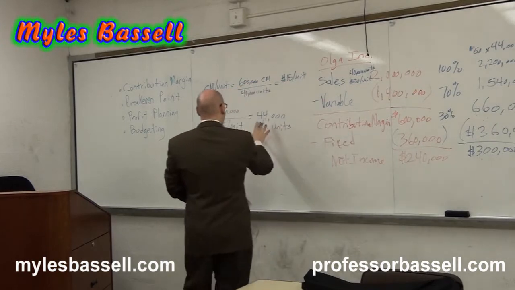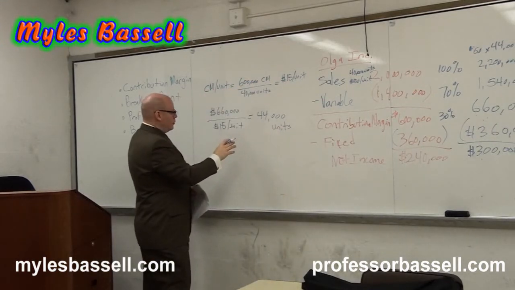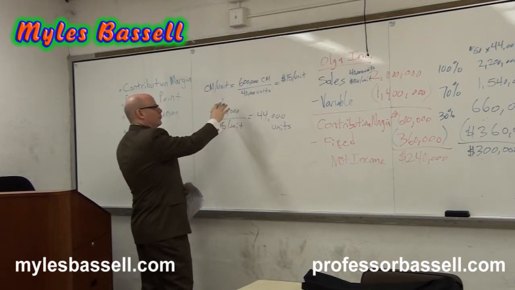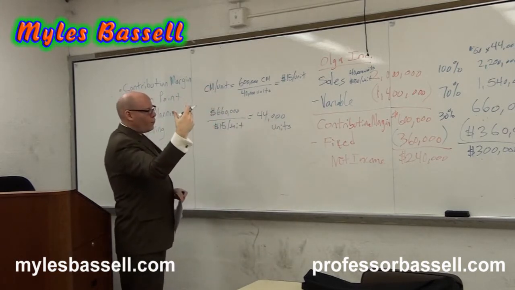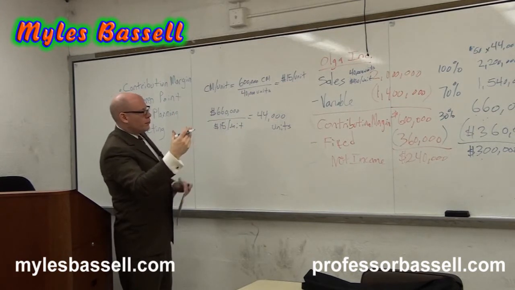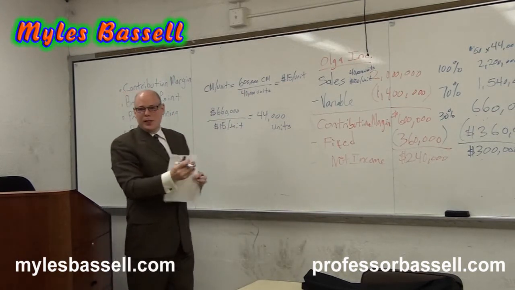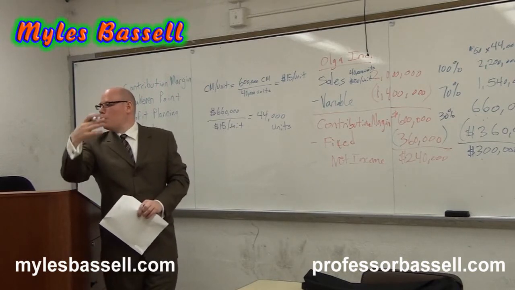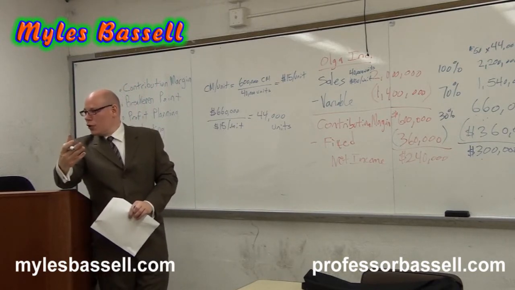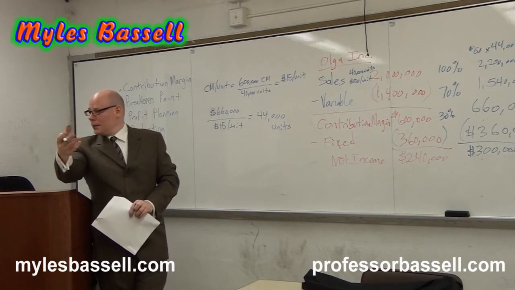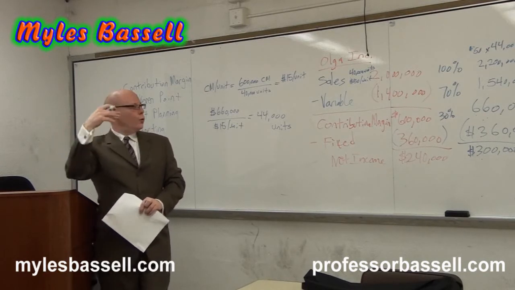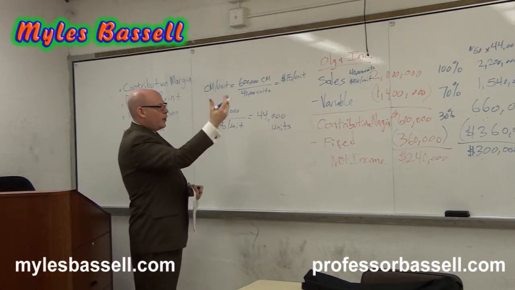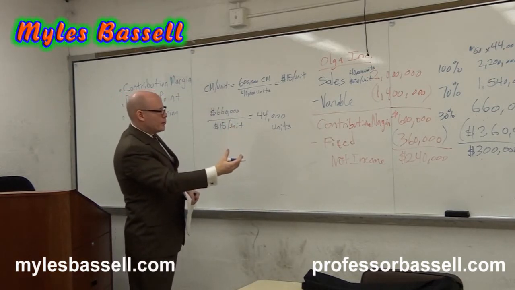Does everybody see how we got to 44,000 units? First, we calculated the contribution margin per unit. That means if we subtract the variable expenses from the sales price, how much margin is left? The contribution margin doesn't reflect the fixed cost. We just want to know how much is left after we cover our variable expenses.